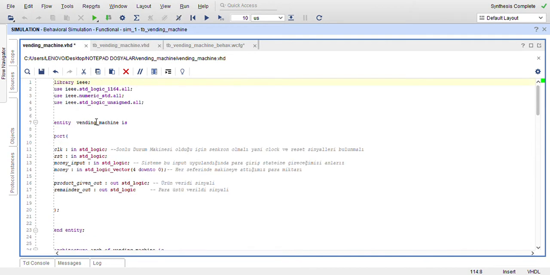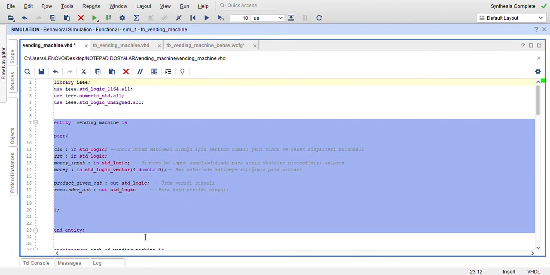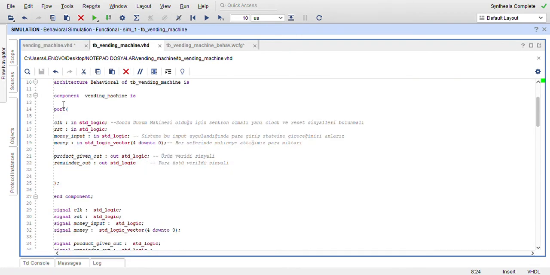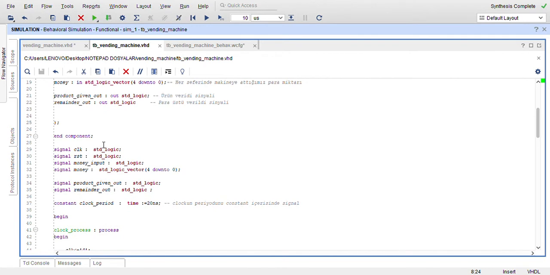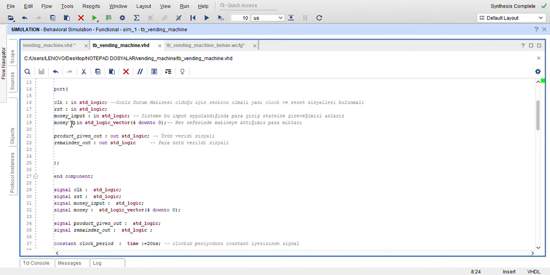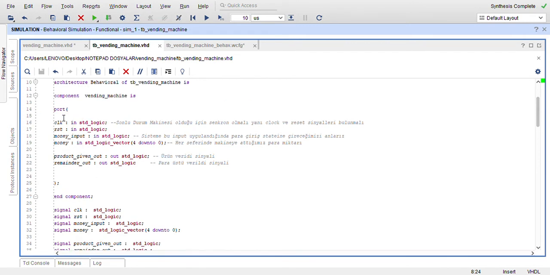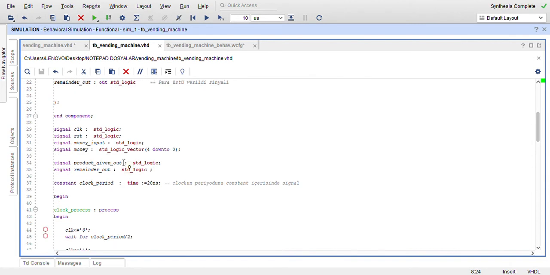We just need to go back to our code, copy the entity case, paste it here, and change entity to component. Then we have to define signals: clock, reset, money input, money, product given output, reminder output, which are placed on our component's inputs and outputs.